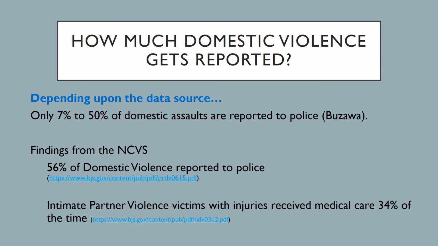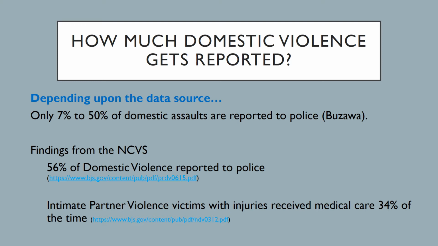Our textbook reports that depending upon the data source, so whether you're looking at official data from police reports or court cases, or medical data or emergency room data, or those victimization data sources that we've talked about previously, estimates range from only 7 to 50% of domestic assaults actually being reported to police.